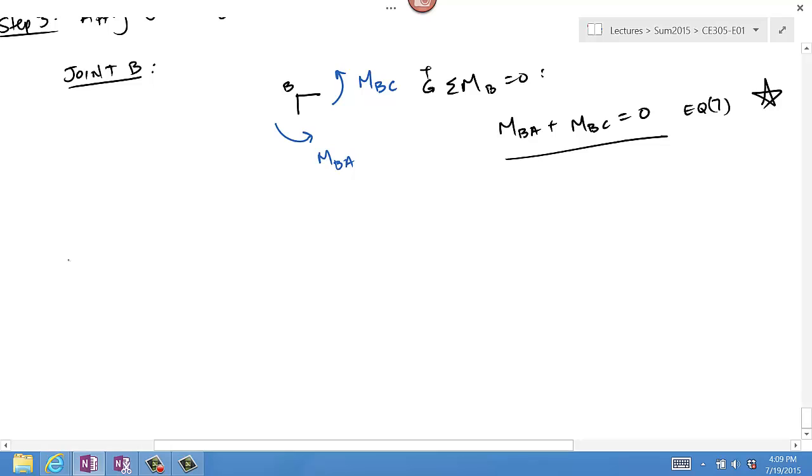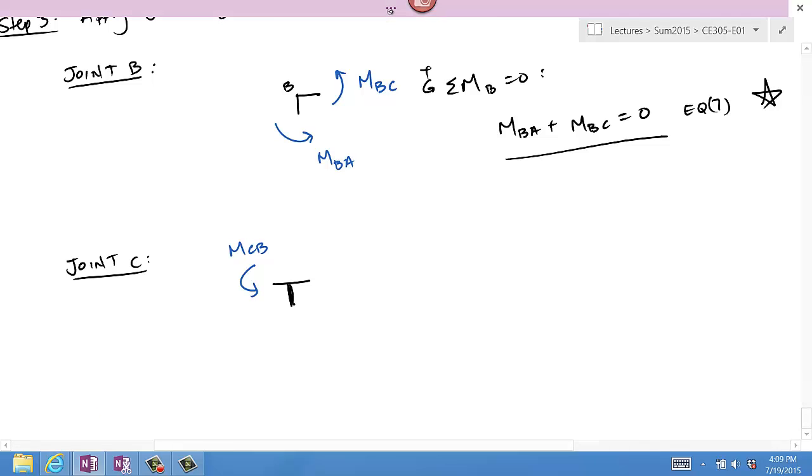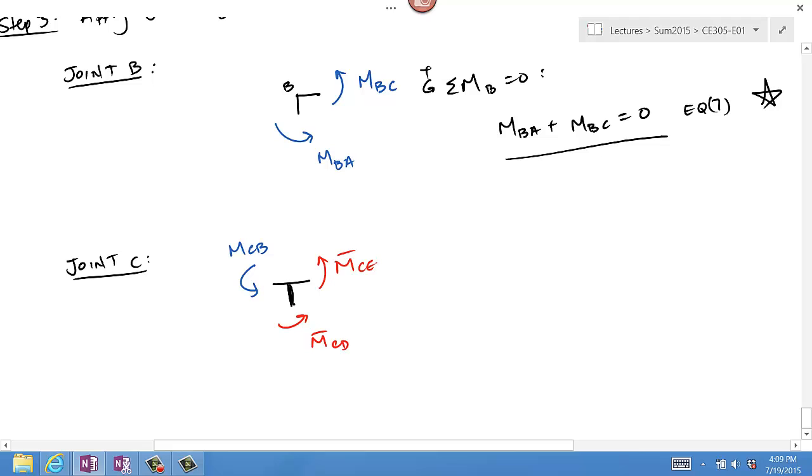Now let's take a look at joint C. This joint looks like this, and it has this moment, MCB. Again, it acts clockwise on the member end, counterclockwise on the joint. And then it has these other two special case moments, M bar CD and M bar CE.